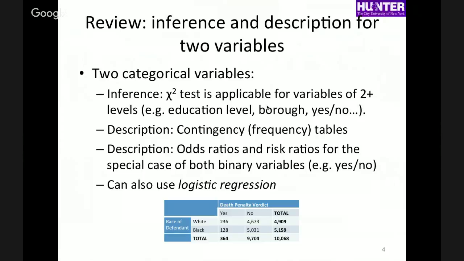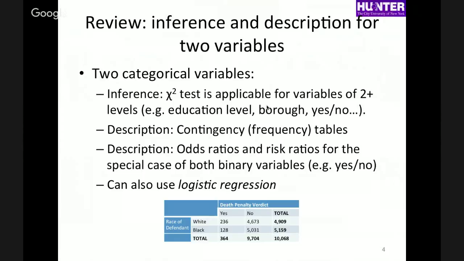We covered the case with two categorical variables, and we didn't use regression in this case. We discussed the making of contingency tables, or so-called frequency tables, and the chi-squared test as a way of testing for association between the two categorical variables.